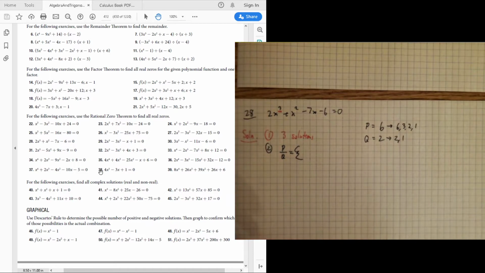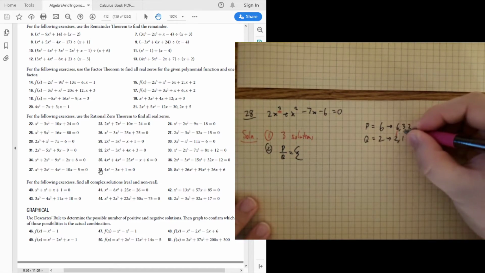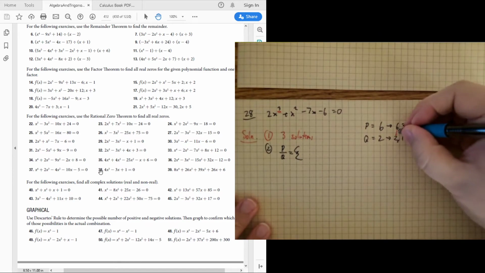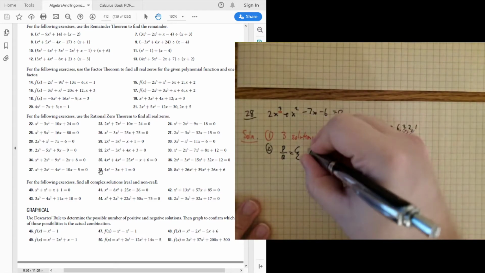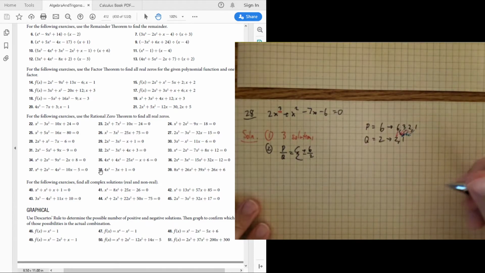Now when I do this, I like to think of this like FOIL. So my factors would be 6 over 2, 3 over 2, 2 over 2, and 1 over 2. And I also have factors of 6 over 1, 3 over 1, 2 over 1, and 1 over 1. Let's go through the full list. 6 over 2, and I should check both answers.